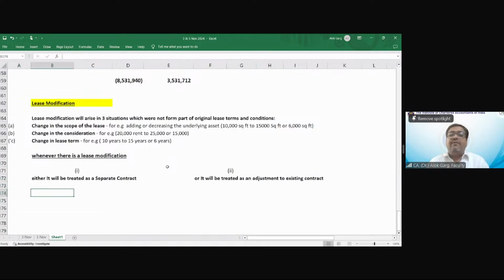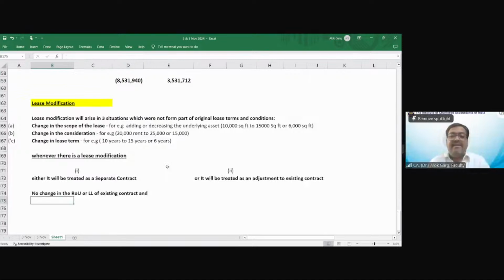Friends, if it will be treated as a separate contract, then what happens? अगर सेपरेट कॉन्ट्रैक्ट है तो क्या करेंगे? बड़ा सिंपल है ना. You will create a fresh ROU. A different ROU. So no change in the ROU or lease liability of the existing contract.